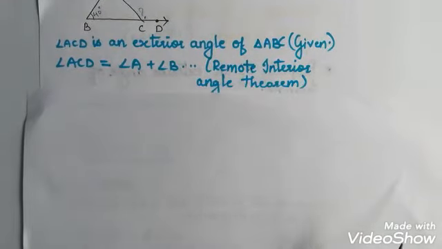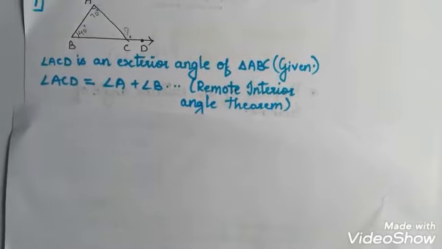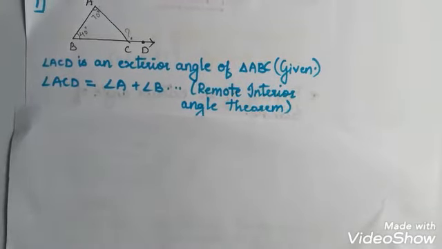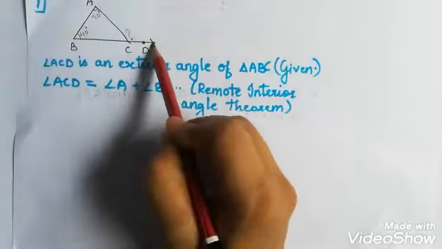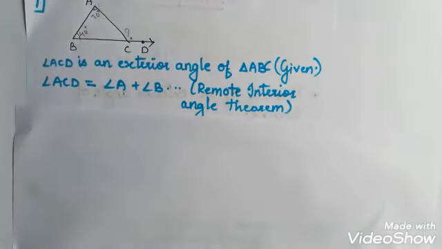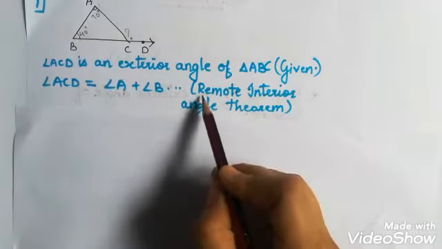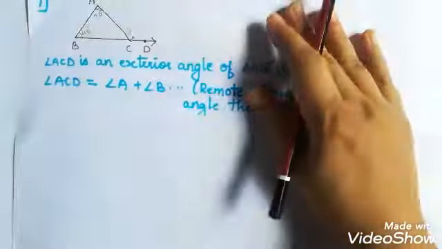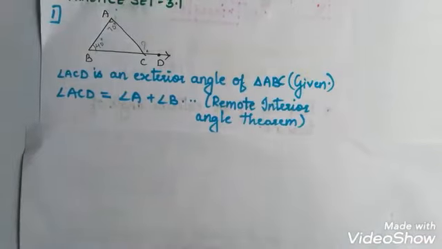So I am going to use the property of remote interior angles, that is, angle ACD is equal to angle A plus angle B. I am using the property, so you have to write the reason. Reason is very important over here, so you have to mention it.